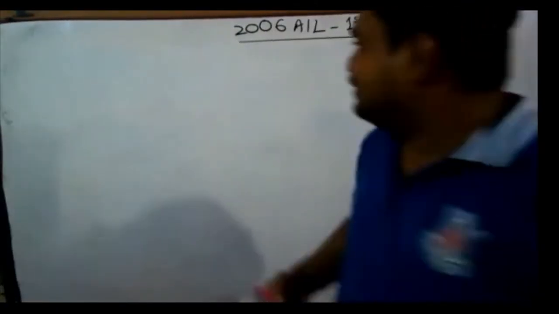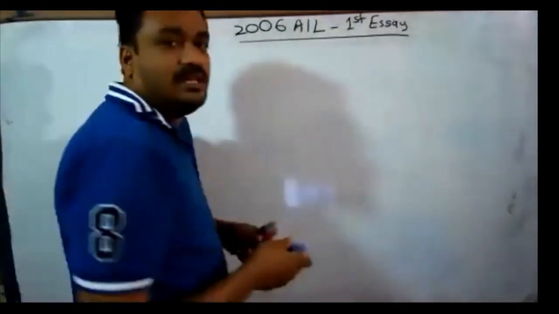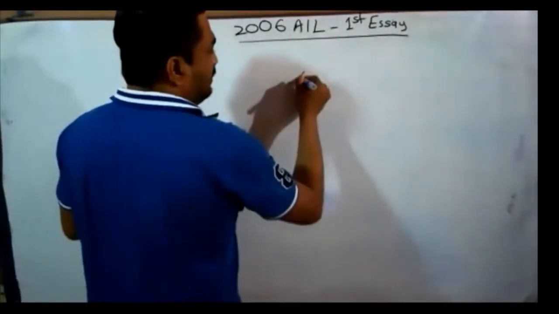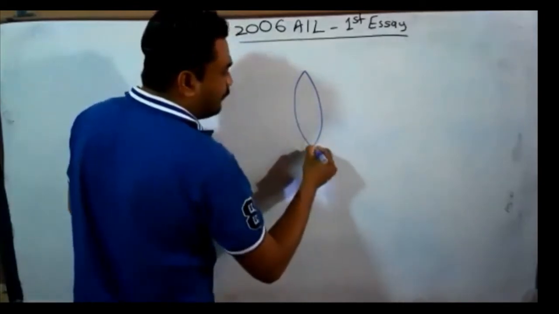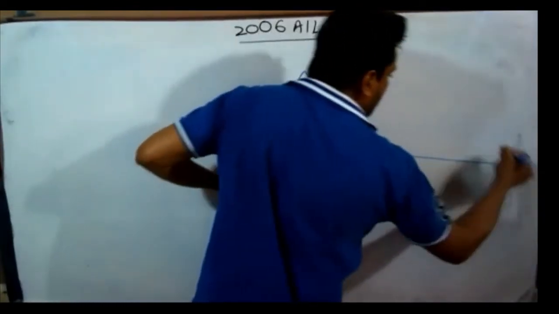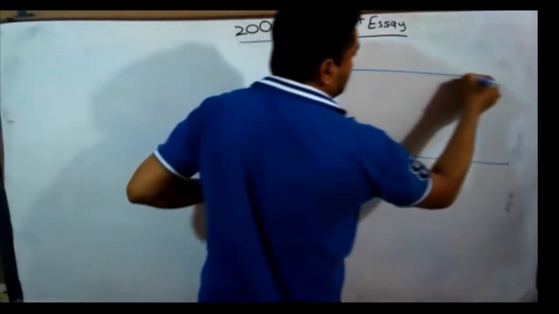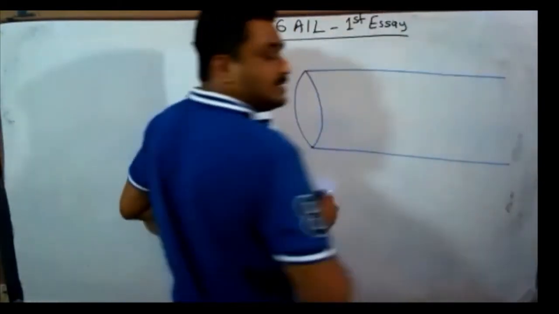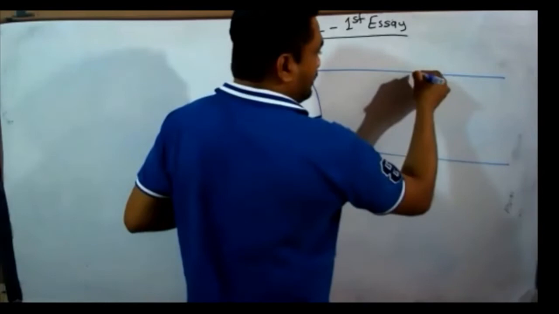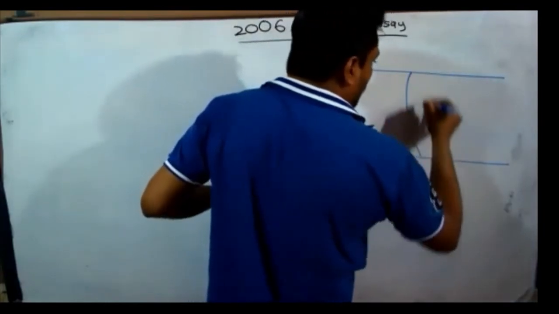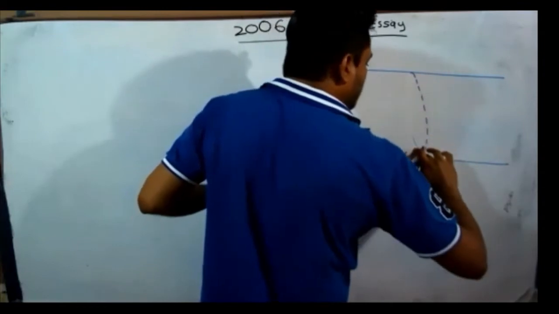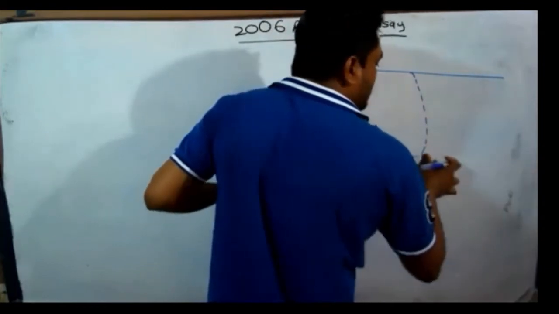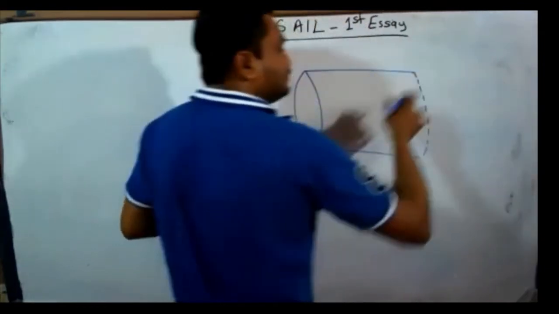So here it can be imagined that there is an imaginary air tube. This is a tube of air. What will happen when the aeroplane enters into this tube?